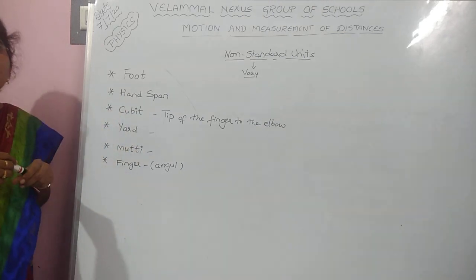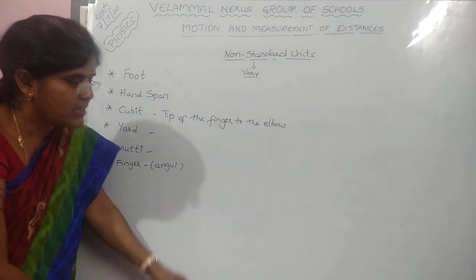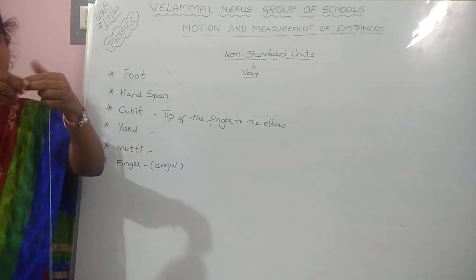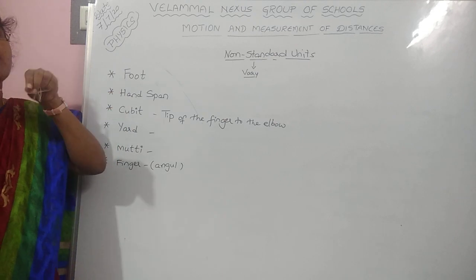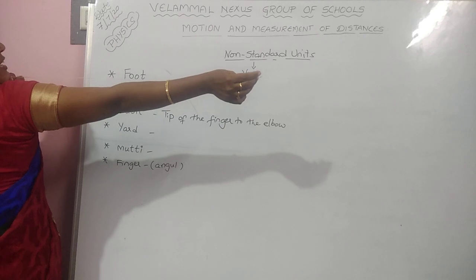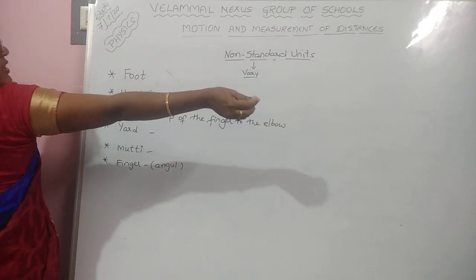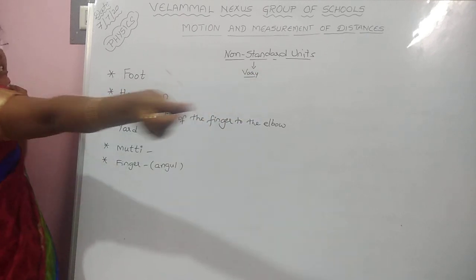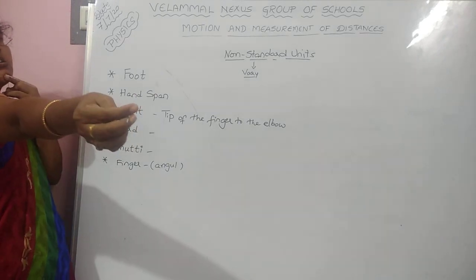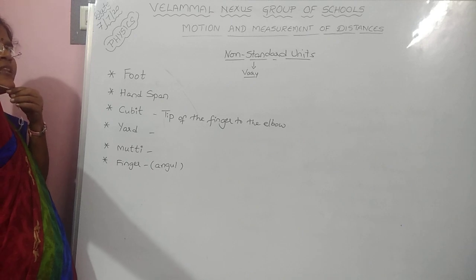What is yard? For understanding, I'll take you as a thread. It is the distance from the chin to the outstretched arm's fingertip.